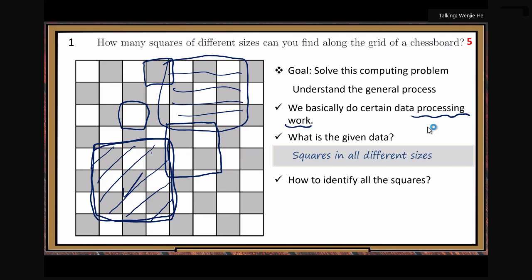All right, so here, in problem solving, I want to convey the general procedure of problem solving. In order to solve this current computing problem, when we study our data, you need to control the details. So here I'm talking about another important problem.